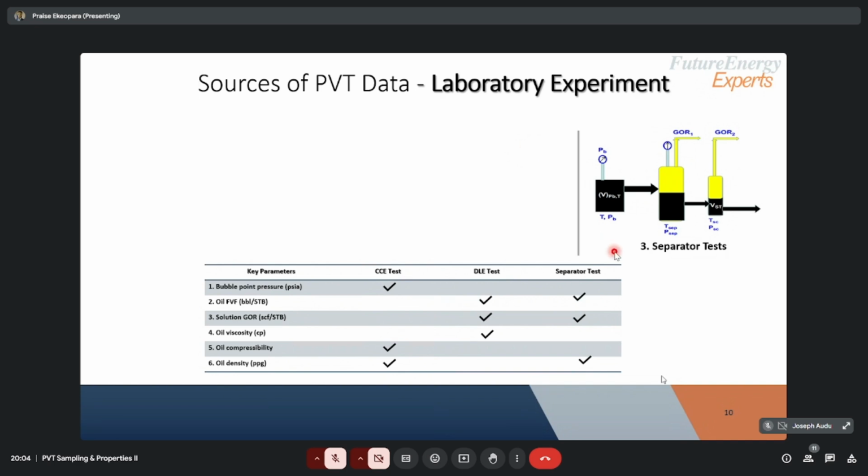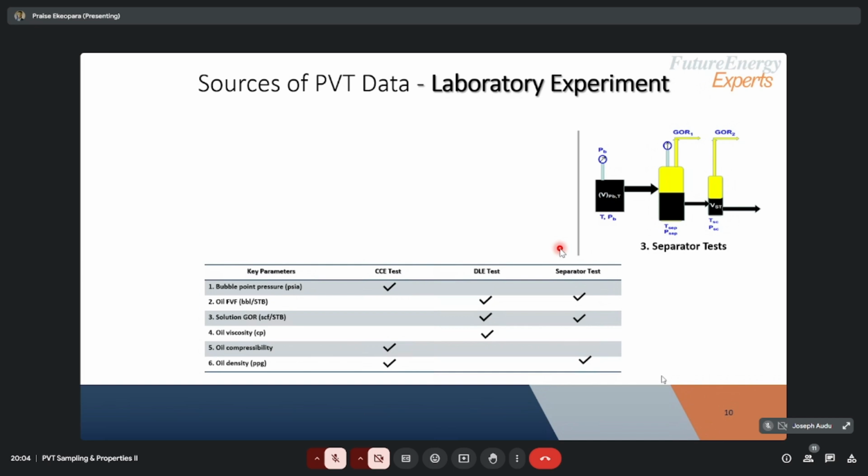Then there are equally some instances where we need to do PVT correction, whereby we want to correct the differential liberation to separator condition. So separator condition has few pressure steps, right? Differential liberation can be up to 15.